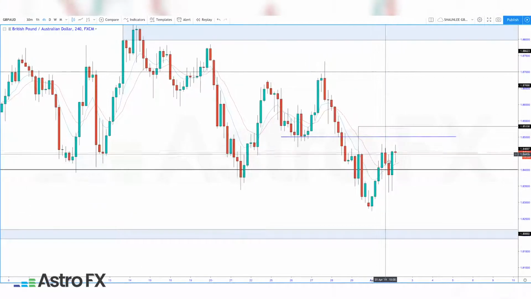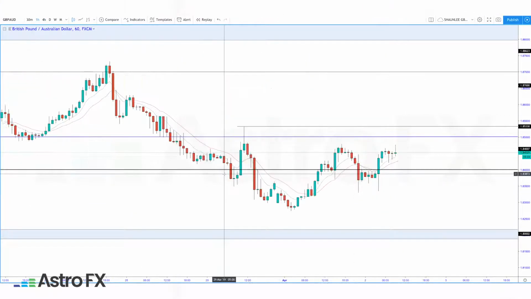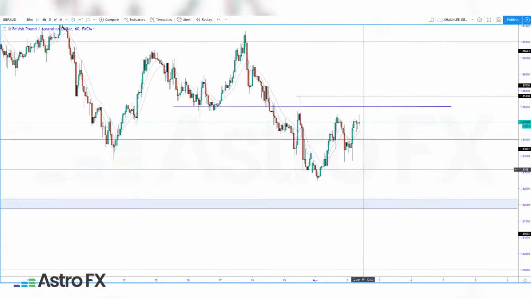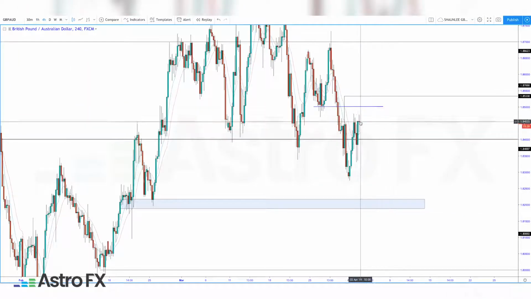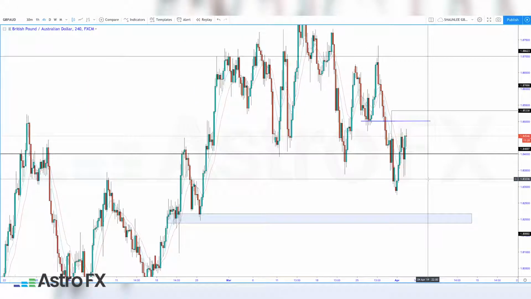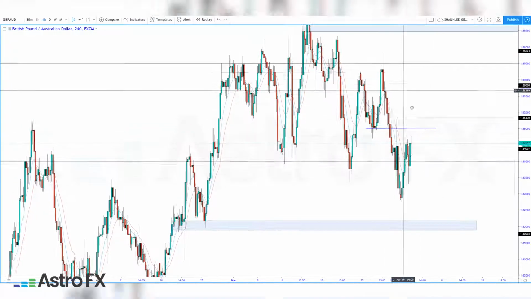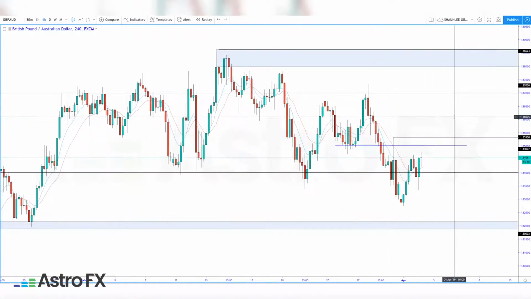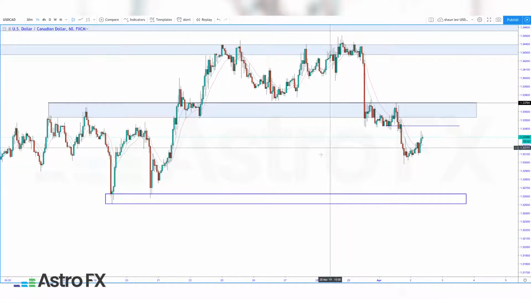But for now, as it's in no man's land, because if we look at the price action on the hourly, it is sideways. But if we do get that 4 hour crossover in line with a daily, then it's all systems go to start to look for bearish swing trades. So I will be looking at catching up with this one maybe later on or throughout the rest of the week. Today's Tuesday, 2nd of April in the London session.